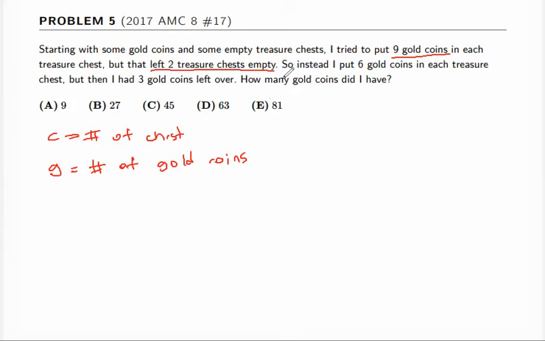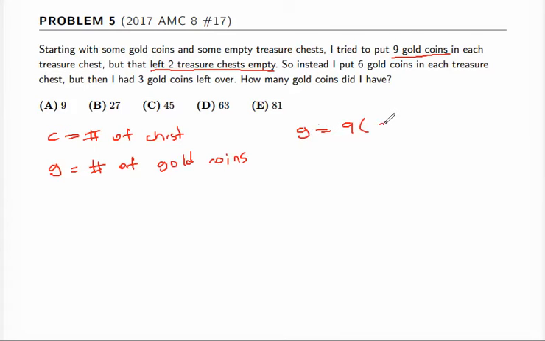So the number of chests that will be empty is 2, which means if you have a total of C treasure chests, you actually have 2 fewer of those completed, filled with those coins. So the number of coins, let's say that's G, has to be 9 times, maybe I should use a different variable because 9 and G look the same, but it's fine.